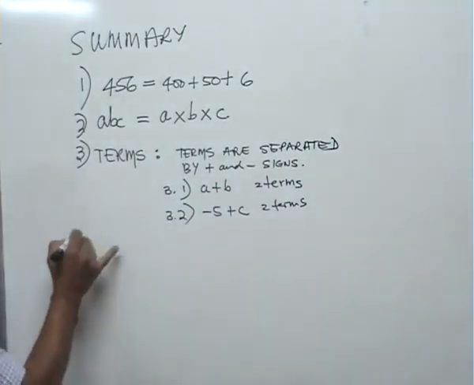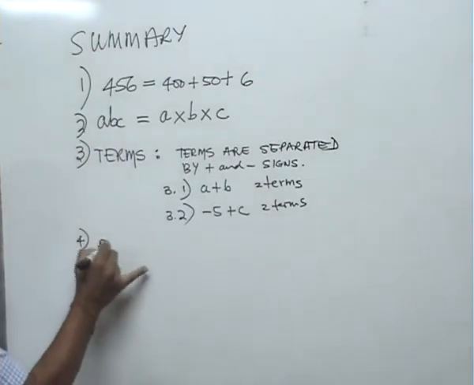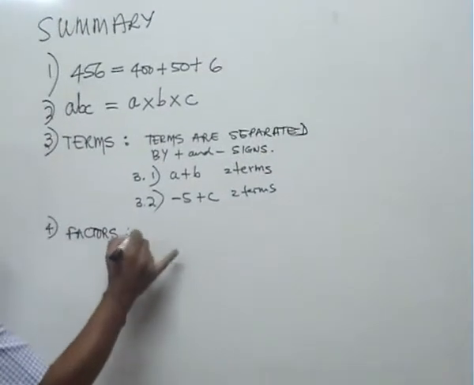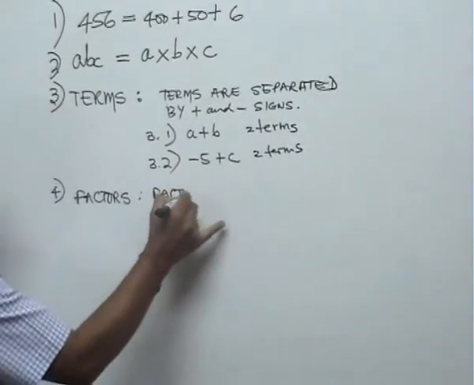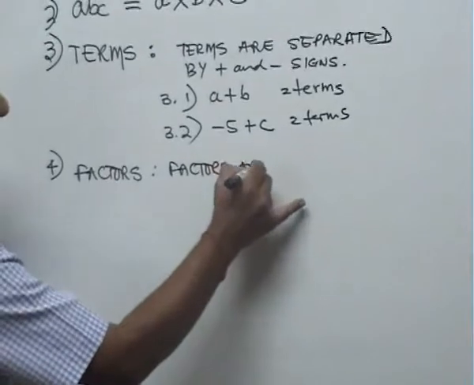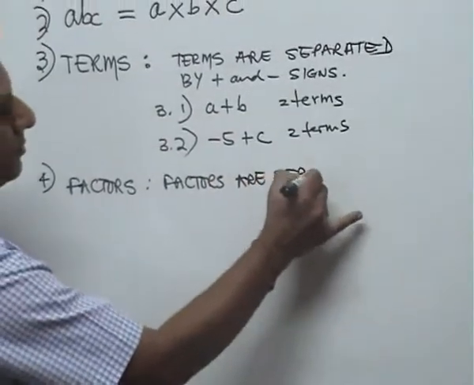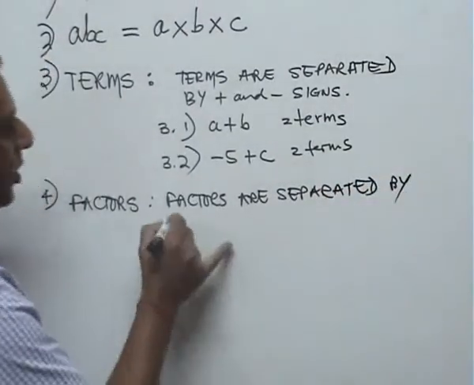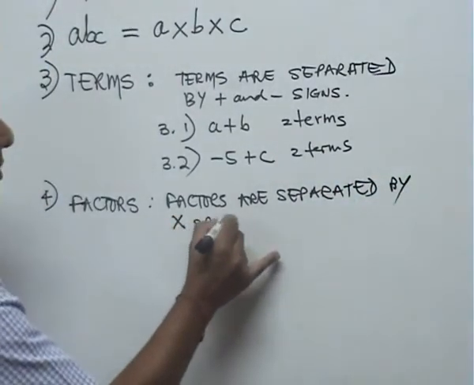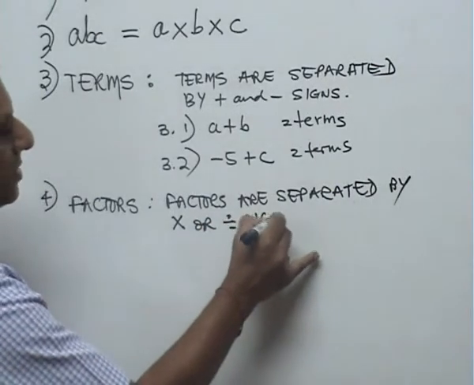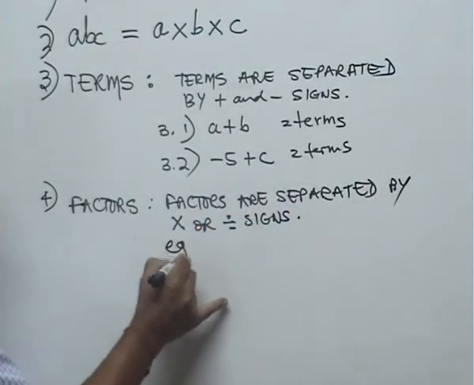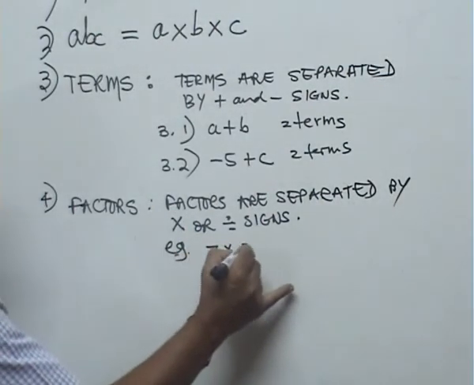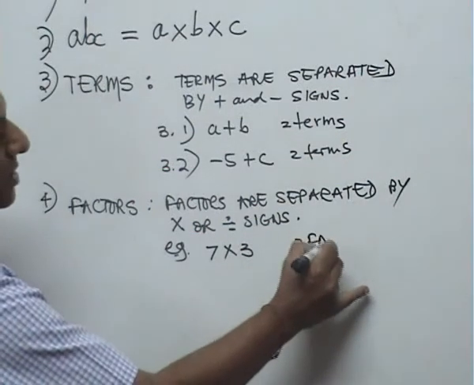Then we moved on to factors. And we said that factors are separated by multiplication or division signs. For example, 7 times 3, there's two factors.